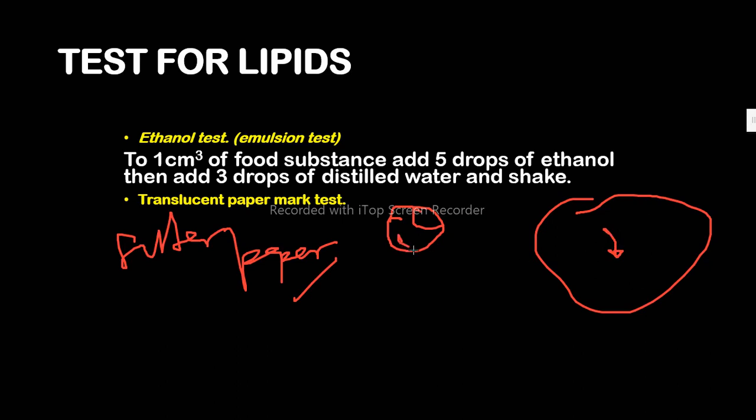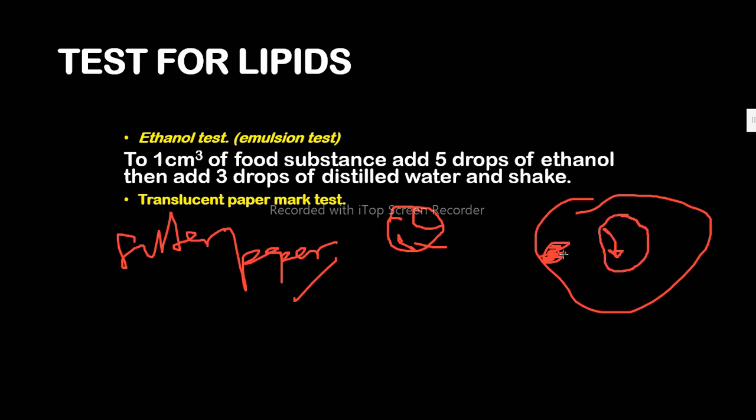If it is a solid sample, then you just rub that solid food on the filter paper, and then you just wait. After a few minutes, you will see a translucent spot formed at that point where you dropped the food solution, or where you rubbed the food.